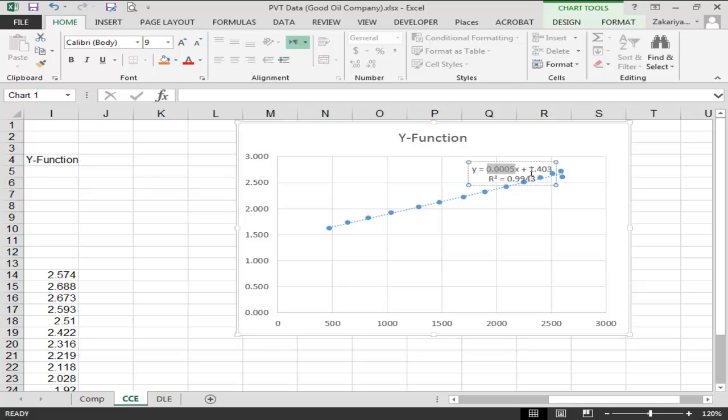However, sometimes the Excel sheet will show you few digits, and that may affect your results. So you might go to the properties and change this to show more digits.